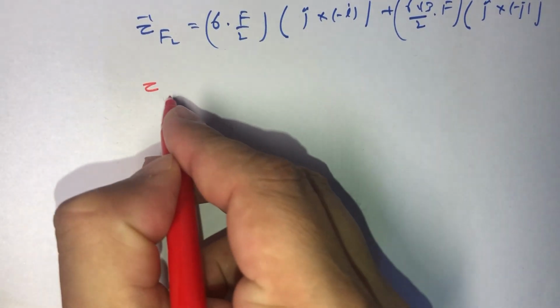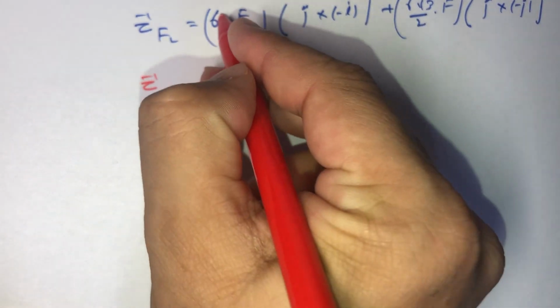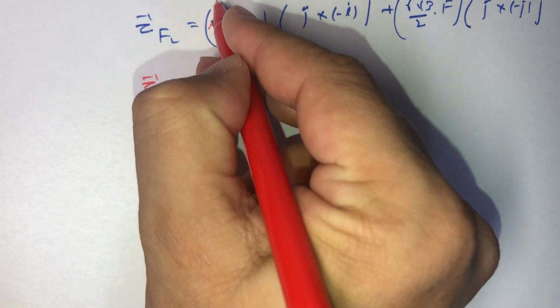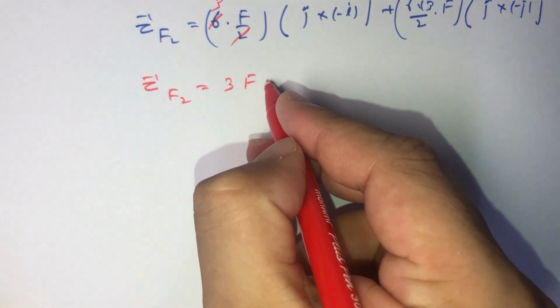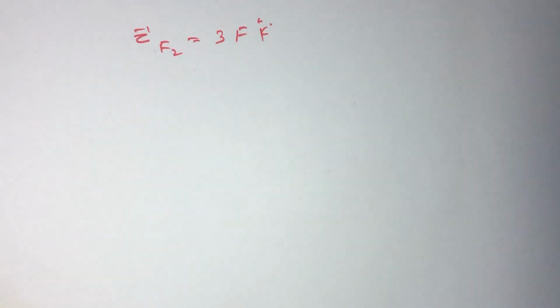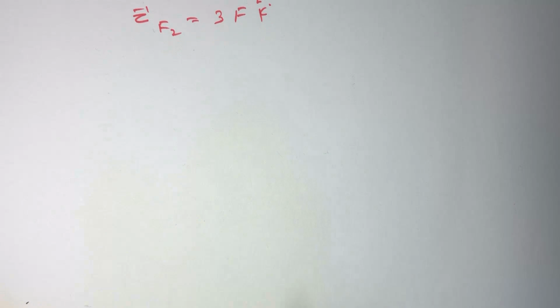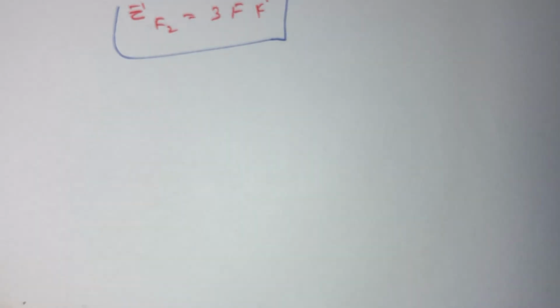So we get tau F2 will be equal to, this goes by 3 and this comes as 3F and k unit vector, and this will be 0. So we got the tau F2, that is the torque because of force F2.